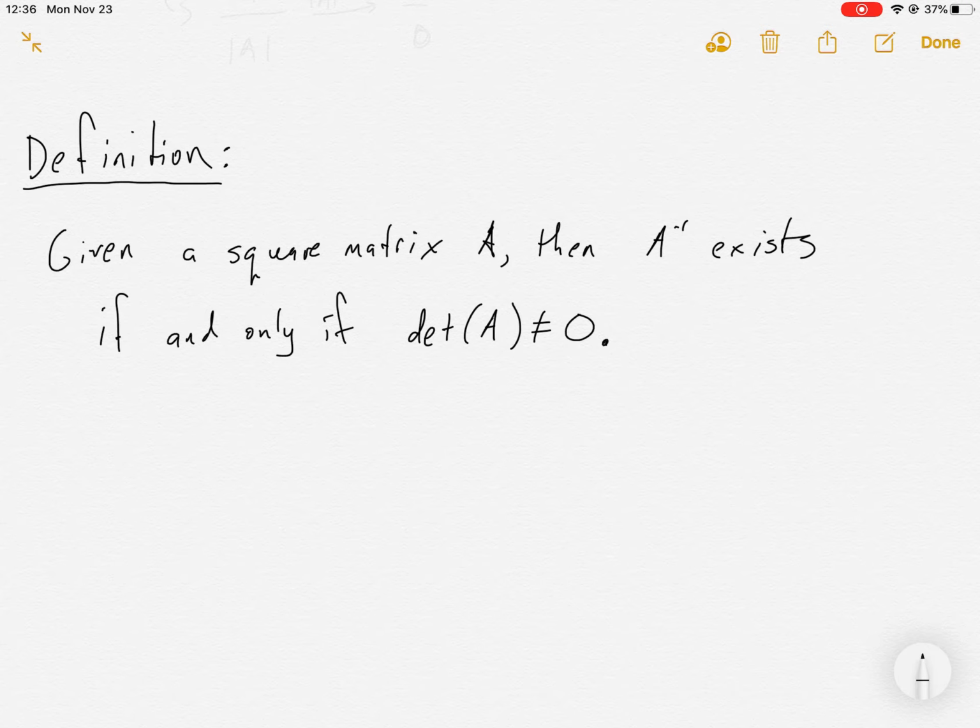So if the determinant is 0, then the inverse doesn't exist. And this works for all square matrices. It's not just for a 2 by 2. We don't really have a formula for the 3 by 3 situation, but the same holds true. If the determinant of A equals 0, then A inverse does not exist.